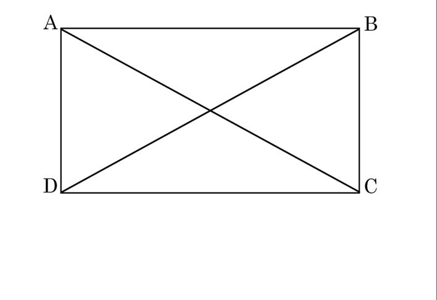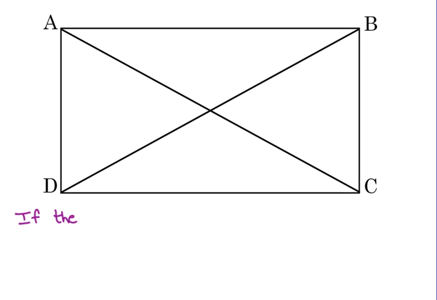How about with the diagonals? What's the difference between these diagonals and the diagonals of the parallelogram? They are all equal. These diagonals are equal to each other. Okay? The diagonals of the parallelogram were not equal to each other. One was longer than the other one. But this one, they are equal to each other. So this is a property we need to know.